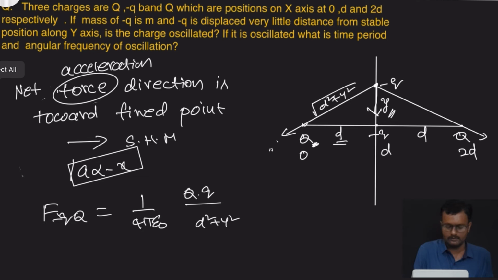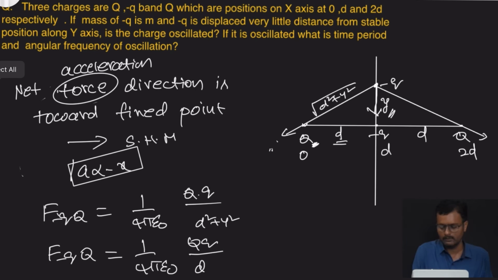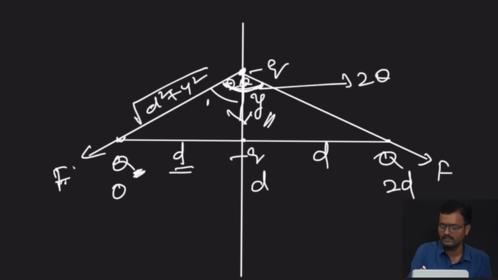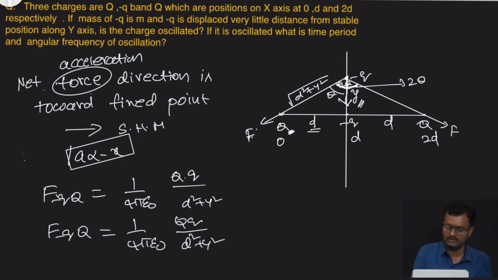Another force, the force on minus Q by the other Q, is also 1 by 4 pi epsilon naught, Q cubed by d square plus y square. These are the two forces, acting at an angle theta, and their magnitudes are the same.